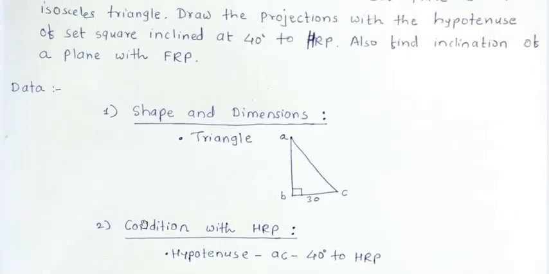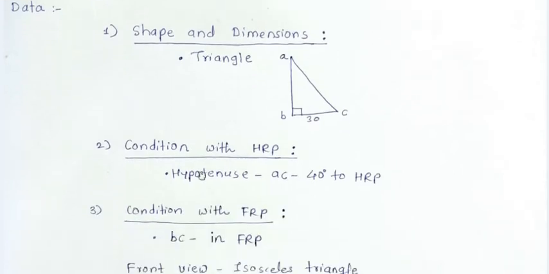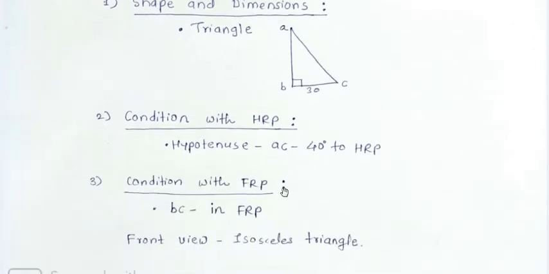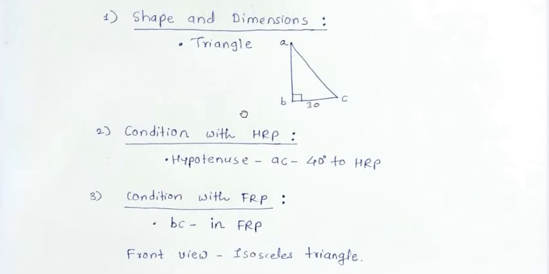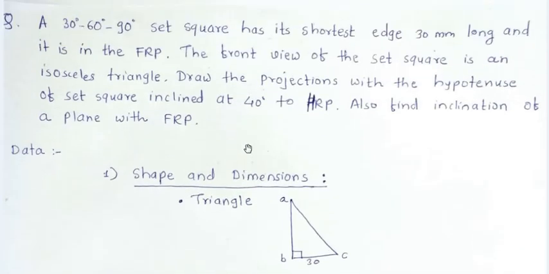This is the second condition. The first is the shape and dimensions, the second is the condition with respect to HRP, and the third thing in the data is the condition with respect to FRP. Anything given in the problem with reference to FRP would form the condition with respect to FRP. Now we'll read the problem once again to figure out this condition. A 30 degree, 60 degree, 90 degree set square has its shortest edge 30 mm long and it is in the FRP. So this shortest edge, which we have specified as edge BC, is in FRP.